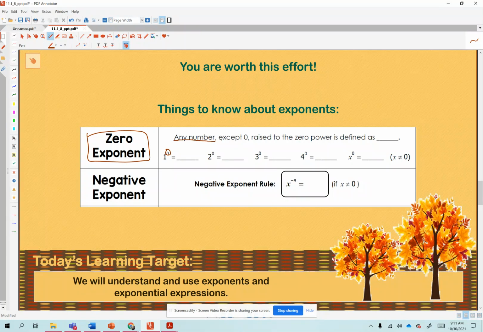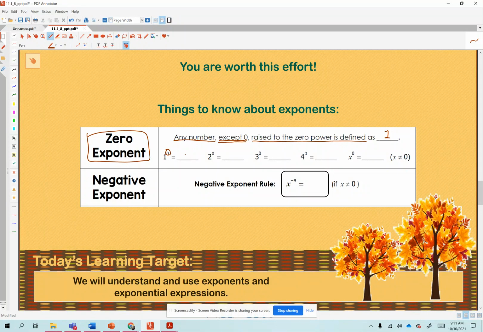Any number except 0, when it is raised to the 0 power is defined as 1. So it doesn't matter what the number is, provided the number is not 0, we define it as 1.